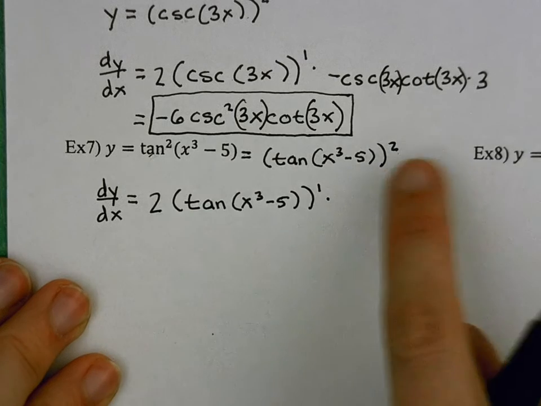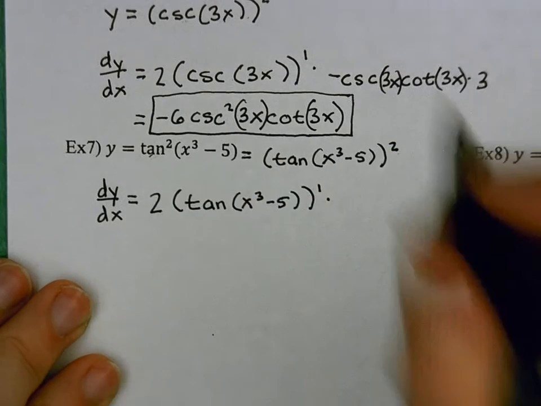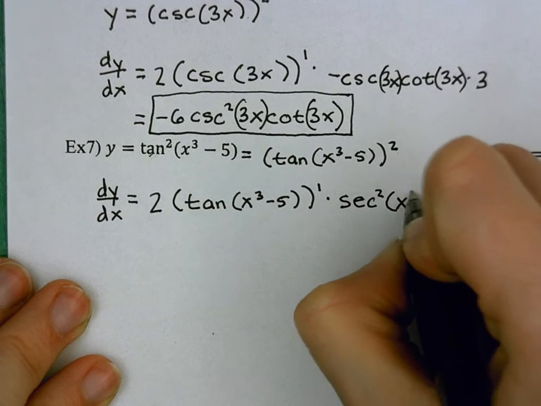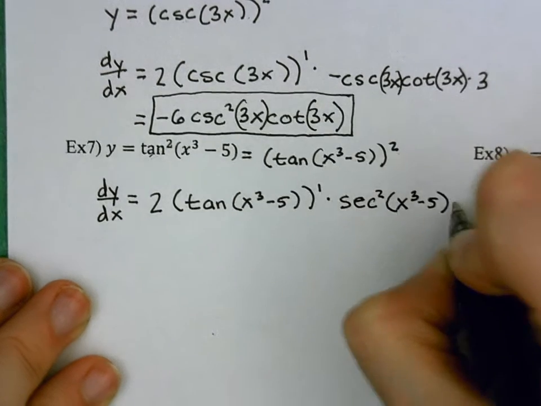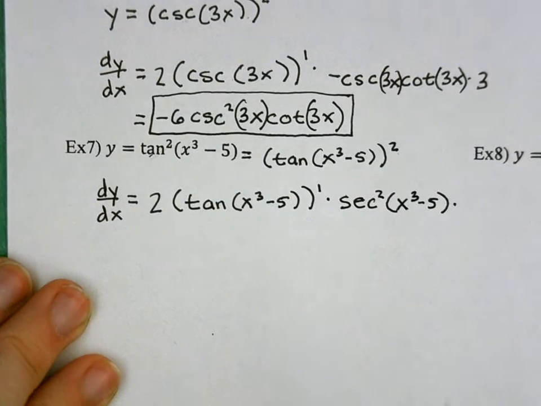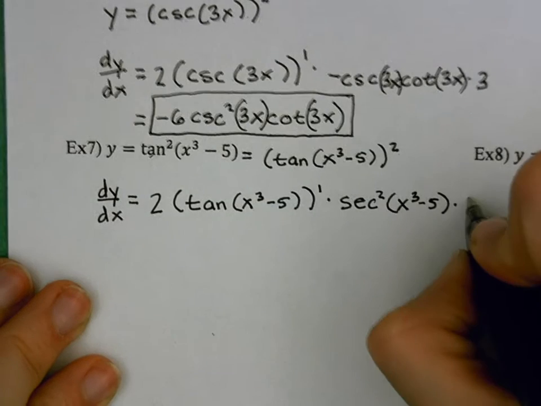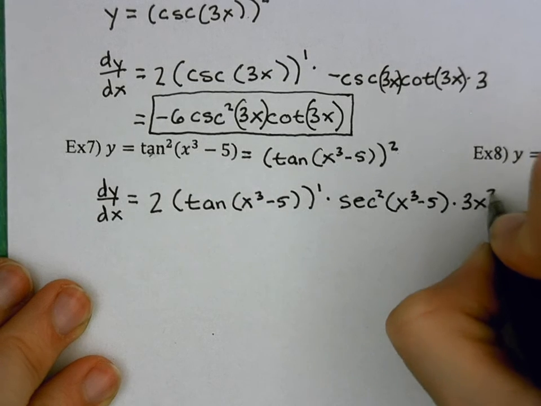Then you can peel away that square. Now you can deal with the tangent, which is secant squared. Leave the guts alone. And now you can peel away the tangent, and you can deal with this x cubed minus 5, whose derivative is 3x squared.